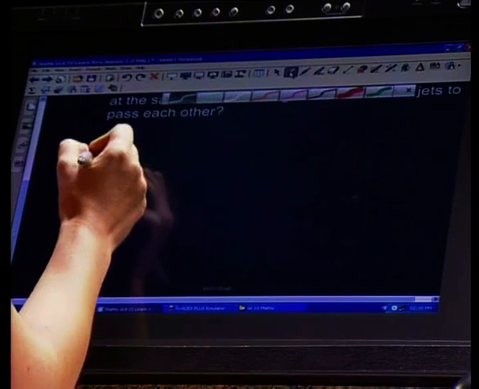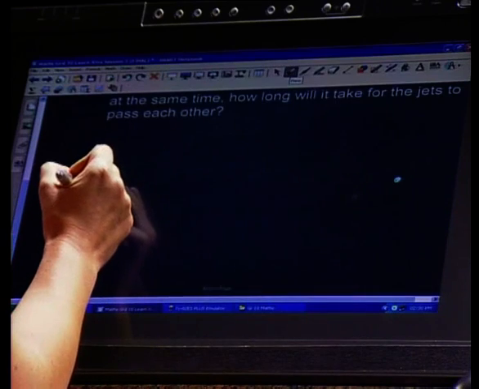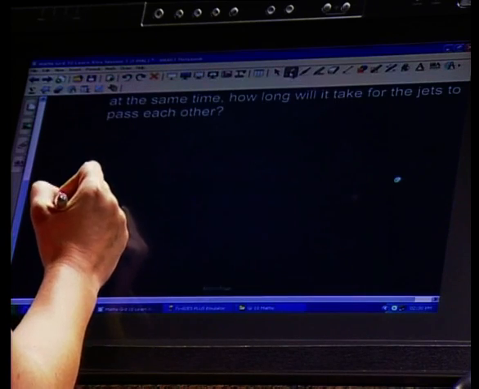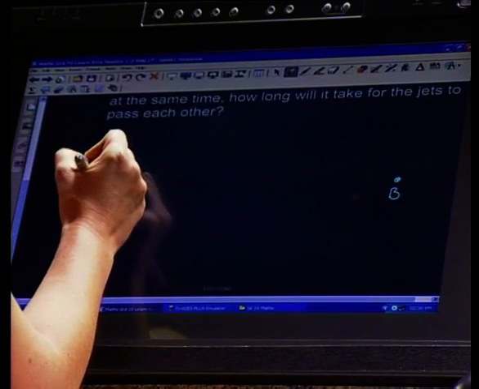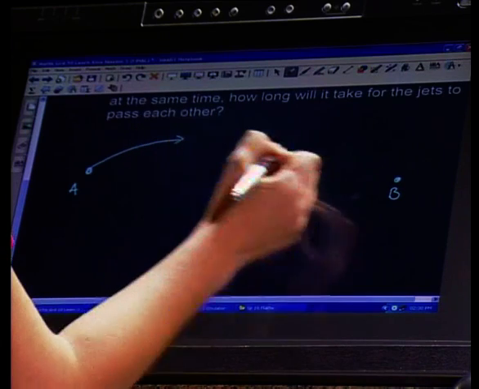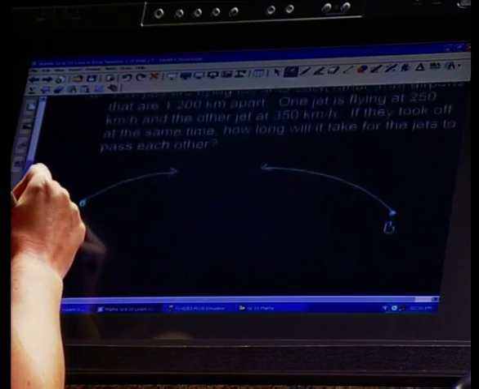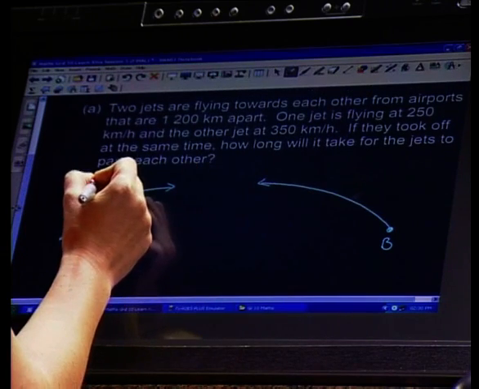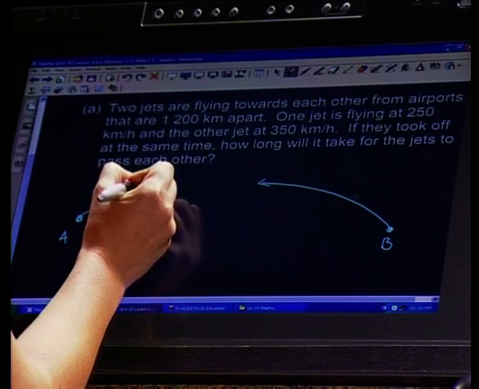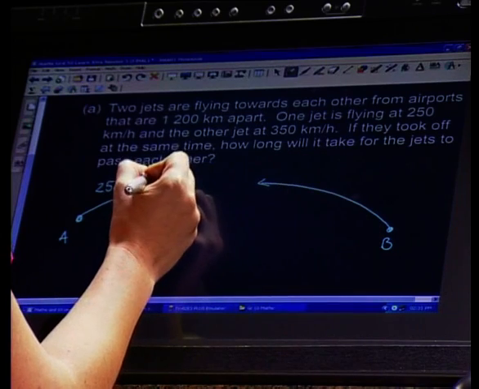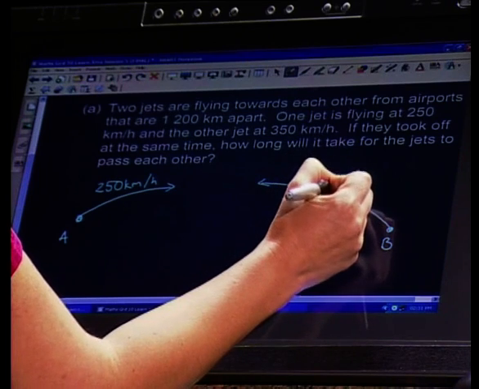Okay, sometimes it helps to draw a little picture. So here we have airport A and airport B. We've got one jet that's flying this way and the other jet that's flying that way. This jet is traveling 250 kilometers an hour and this one is traveling 350 kilometers per hour.